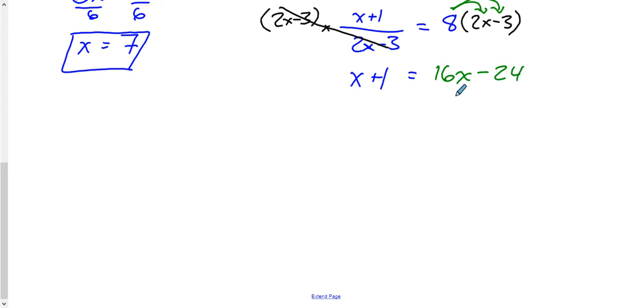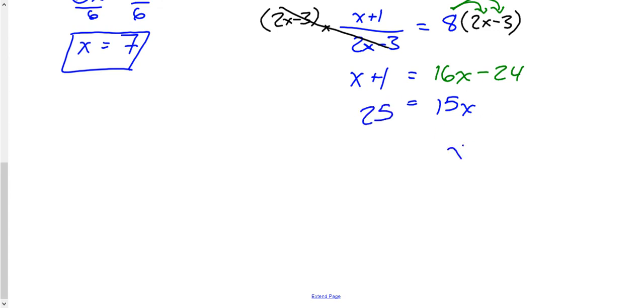Let's combine our x's. Let's get them all to the same side. So if I have x over here, 16x over here, I'm going to move my x's all to the right. So that means I have 15x's now because I subtracted 1x. And I have 1 on the left here, moving this negative 24 to the right. That means I'm adding 24. So now I have 25 here on the right.